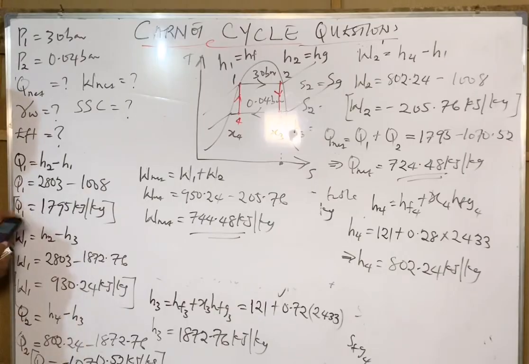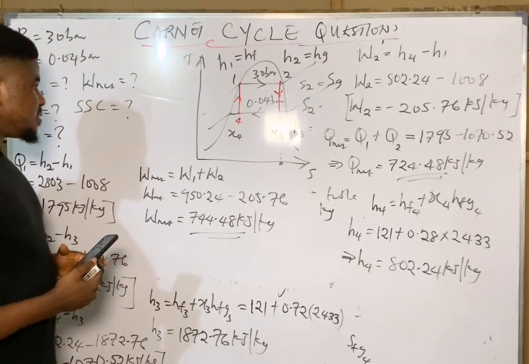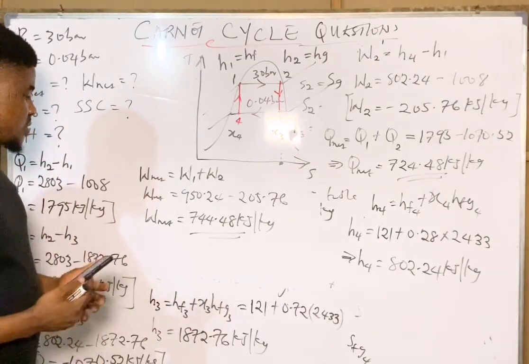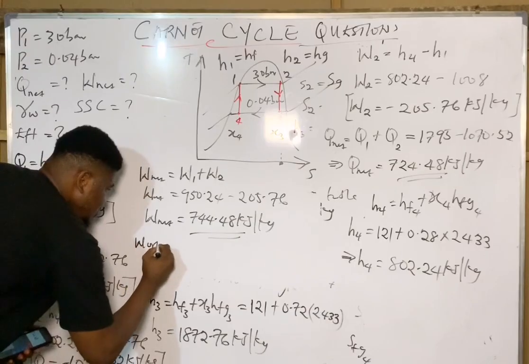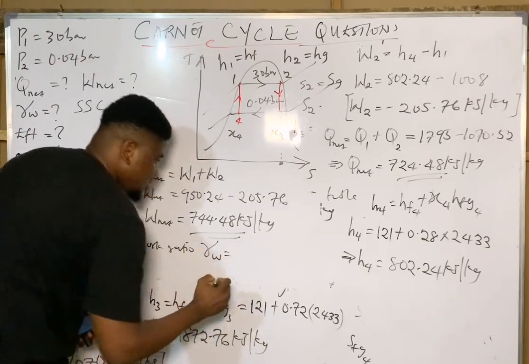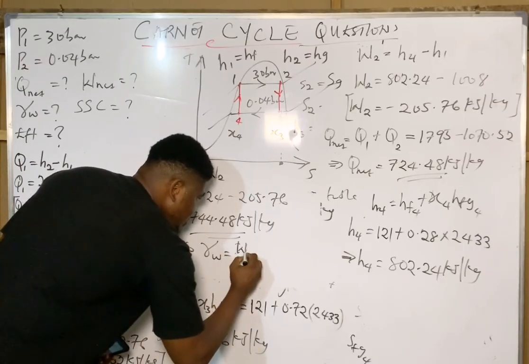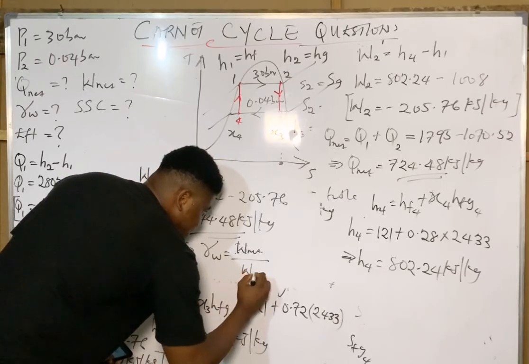The next question says we should find the work ratio. The work ratio is the ratio of the net work to the positive work. The positive work in this case is the expander work. So the work ratio is the net work to the positive work, the expander work, which is W1.